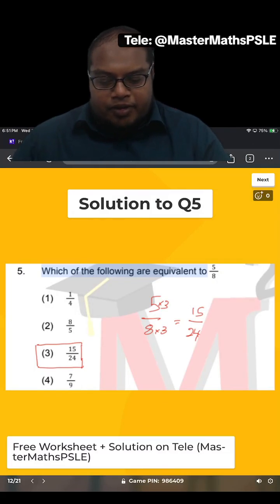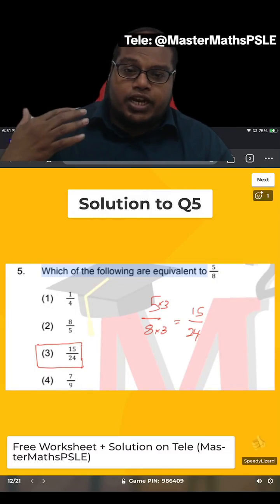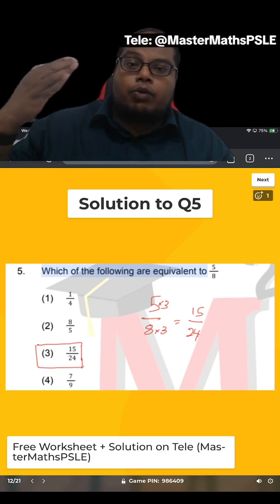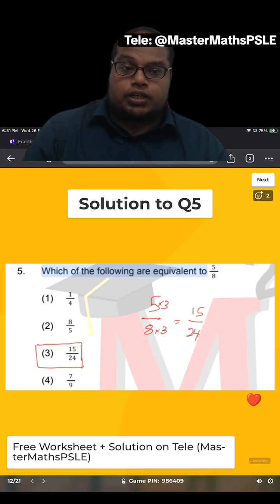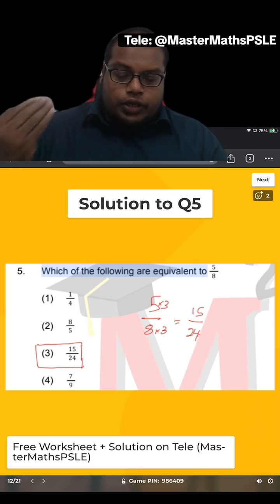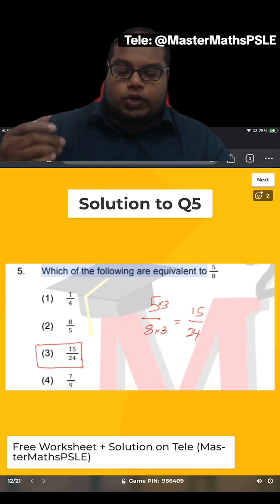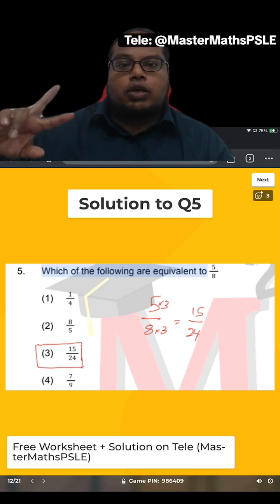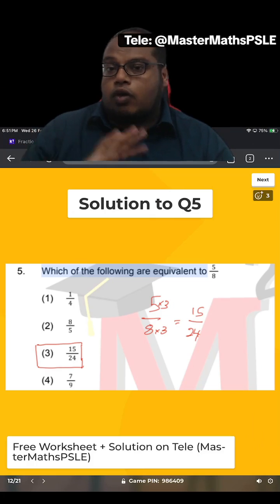Come on. So like what I said just now, the solution. Equivalent fraction is the one where you multiply with the same number to the numerator and denominator. Or if you can divide, you divide. So in this case, 5 over 8, 8 you can divide by 2 to make it 4, but 5 cannot, right? 8 over 5 is just the opposite of 5 over 8, so confirm is not.